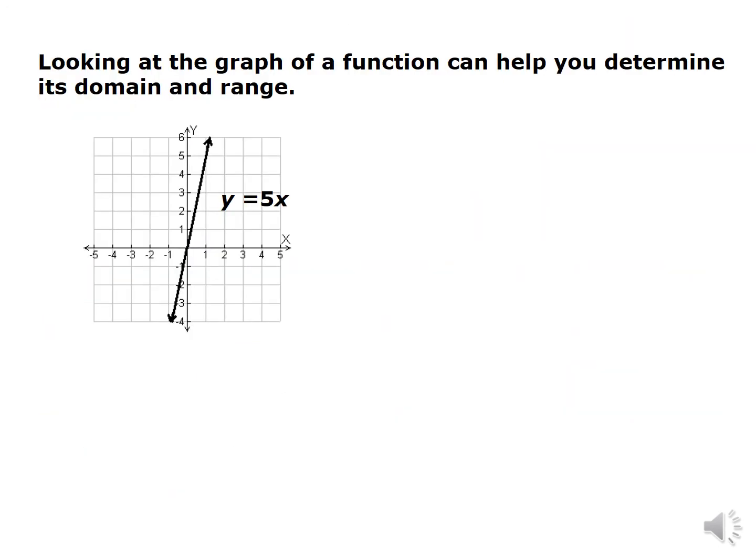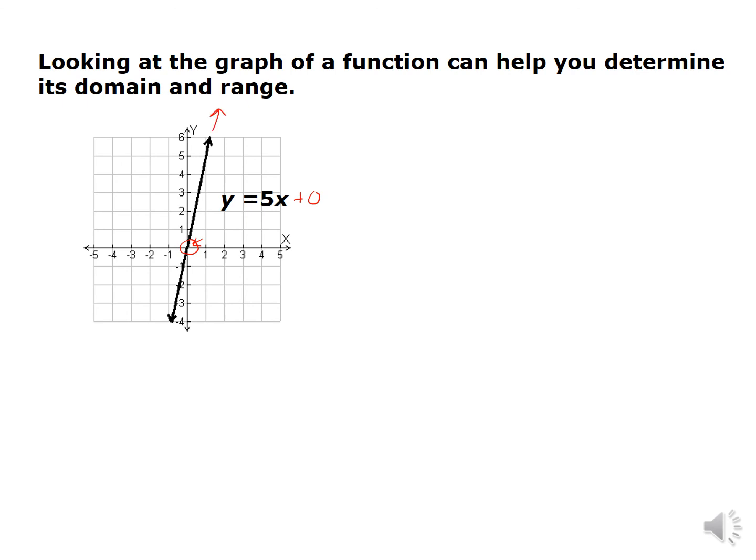All right, so look at the graph of this function and determine its domain and range. This is something you haven't seen before. This is showing you that the y-intercept is 0. Whenever you have a y-intercept of 0, it goes through the origin, if it's written in slope-intercept form. But notice that we have an arrow going on.